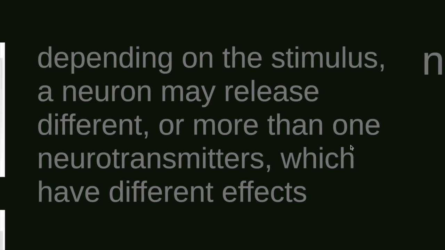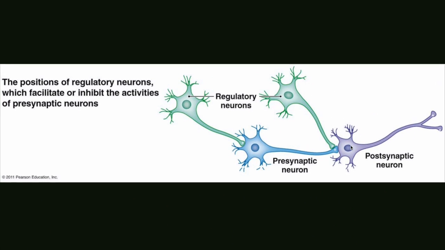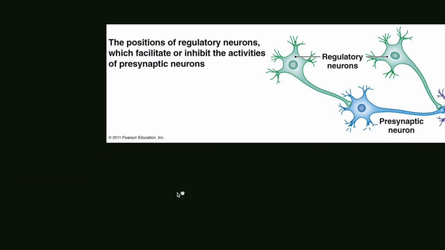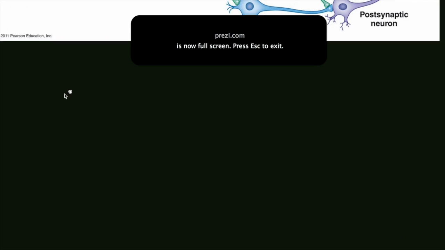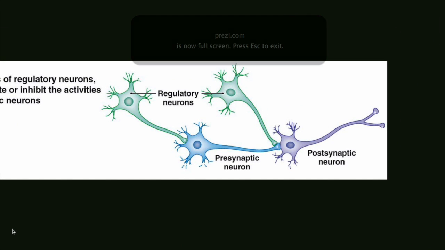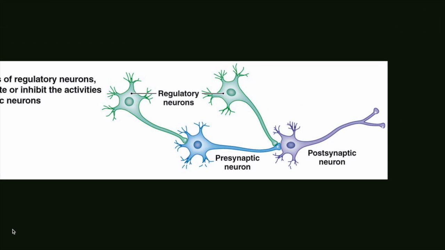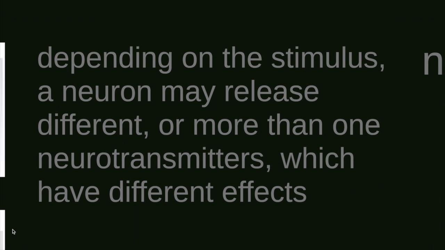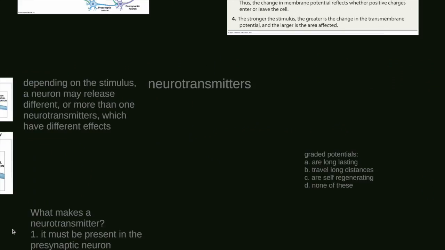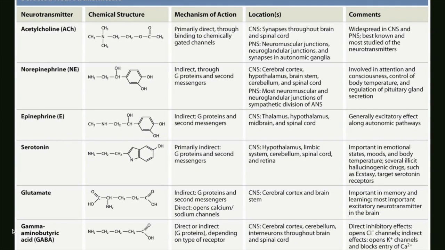Neurons can use over 100 different types of neurotransmitters. And they have different receptors, and depending on the stimulus, a neuron may release different or more than one neurotransmitter, which can have different effects. So it's very, very complicated. Here are some examples of neurotransmitters.